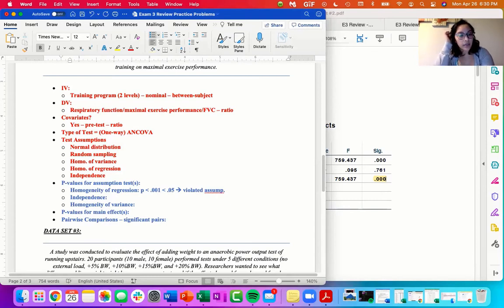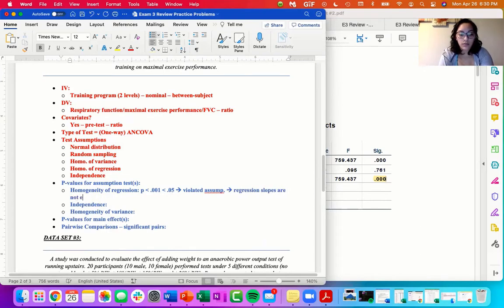So again, you would want to note p-values, say that we violated your assumption, which means that the regression slopes are not equal, right? But we're going to continue the analysis anyways, because that's what I told you to do.